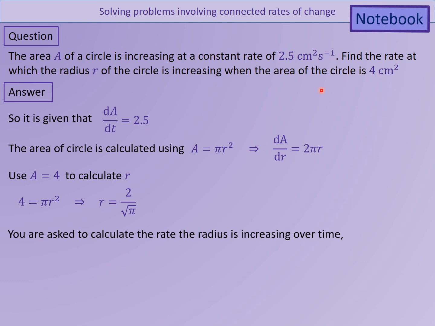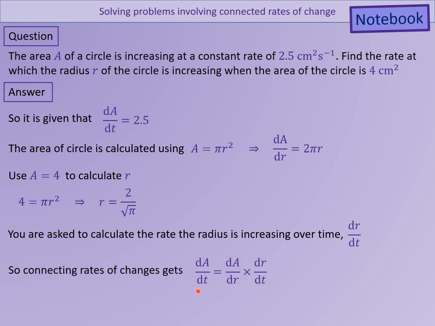And we're asked to calculate the rate of the radius changing over time. Okay, right, so why does that help me then? That means I need to work out the change in radius over the change in time. So if I've got dr over dt, that's what I want to work out, but I don't have dr over dt, but I do have dA over dt and dA over dr. Noticing that when I fill this in, I always make sure that these two are the same, so they can cancel out. The dr and the dr cancel out.